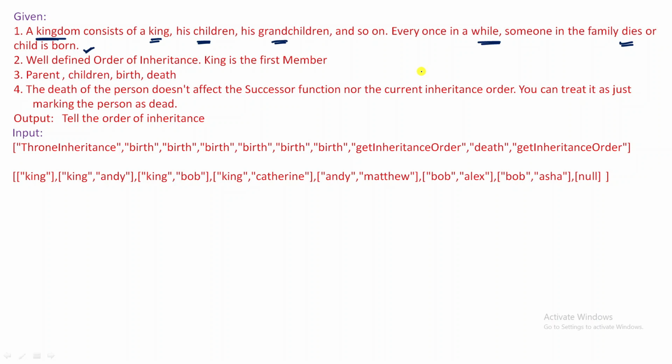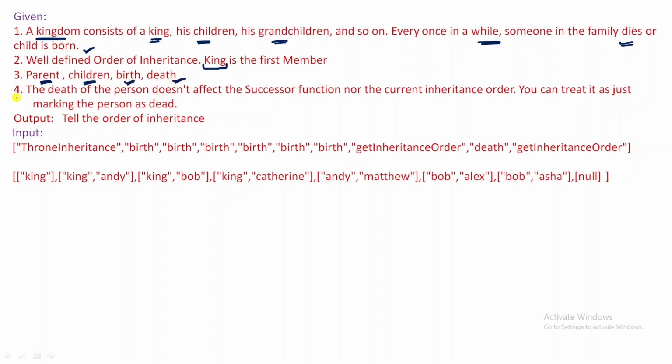There is a well-defined order to tell this inheritance, that is, who will be inheriting the kingdom next. They say that the king is the first member of the kingdom. Then we have parents and children, and people will be taking birth and people will be dying.